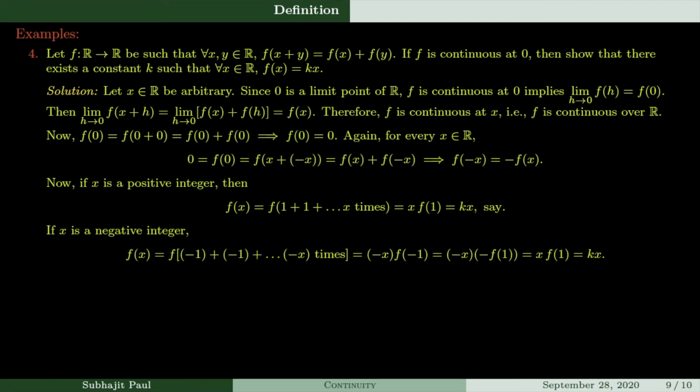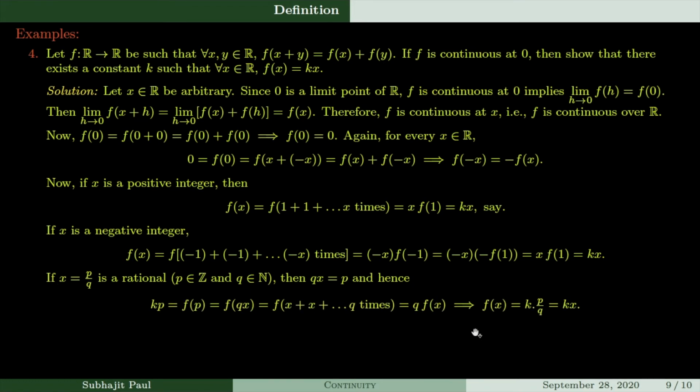Next we will prove for rational points. Let x be a rational point of the form p over q, where p is an integer and q is a natural number. Then qx equals p, no doubt about that. Understand this thing: k times p is an integer, because we have proved that for any integer the functional value at that integer point is k times that integer.